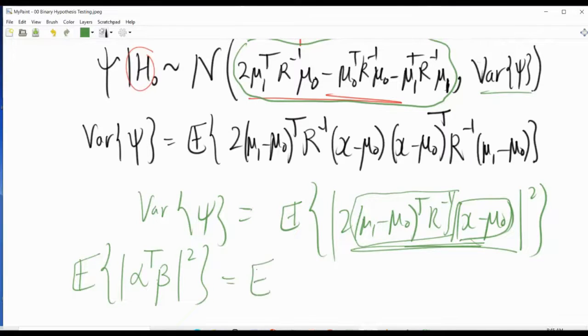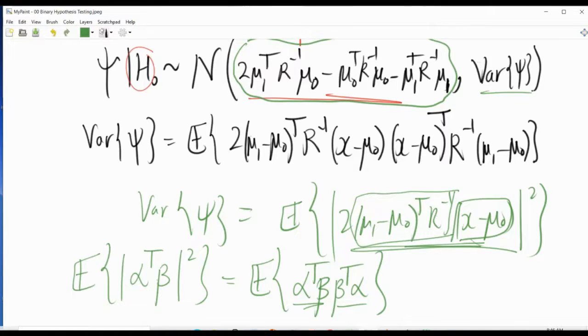What you can do, and this is very useful in our course, is write alpha transpose beta and then, rather than squaring, or in the complex case taking the magnitude square, multiply by the transpose, and in the complex case by the Hermitian. So beta transpose alpha, because alpha transpose beta is beta transpose alpha.